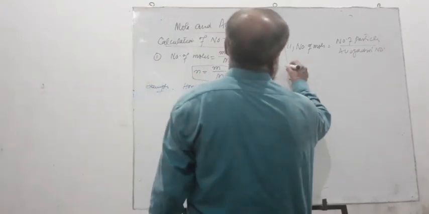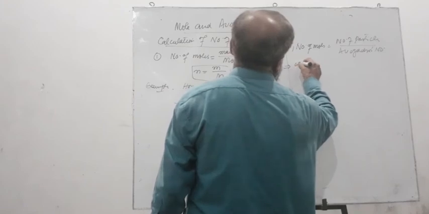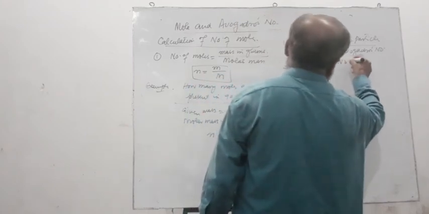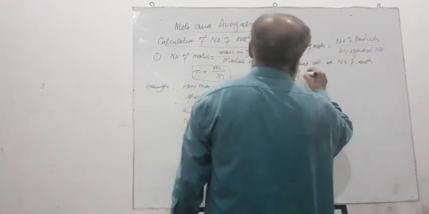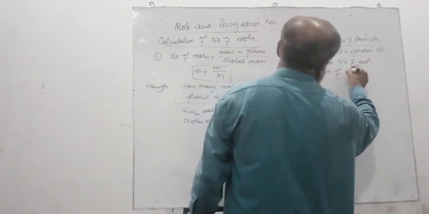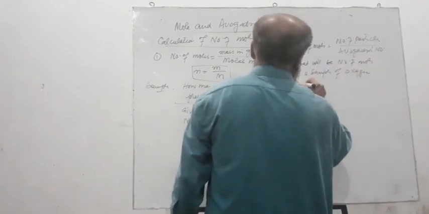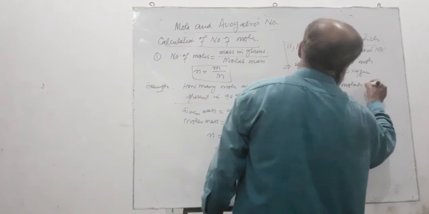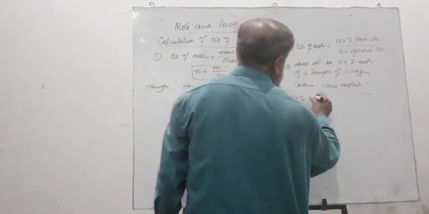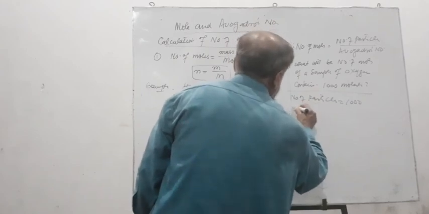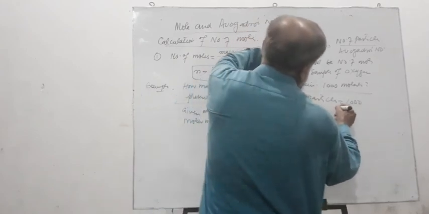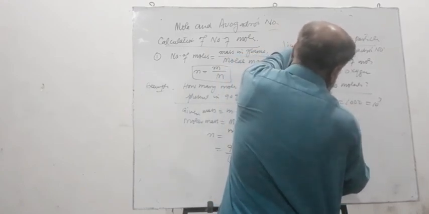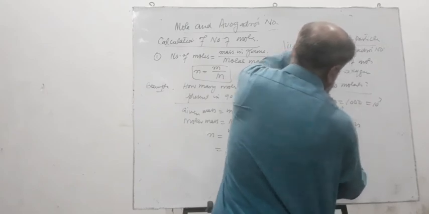Let us suppose we are asked what will be the number of moles of a sample of oxygen containing 10 to the power 3 molecules. So the number of particles is 1000, which is 10 to the power 3, and the number of moles will be given by the formula: 10 to the power 3 divided by Avogadro's number 6.022 times 10 to the power 23.